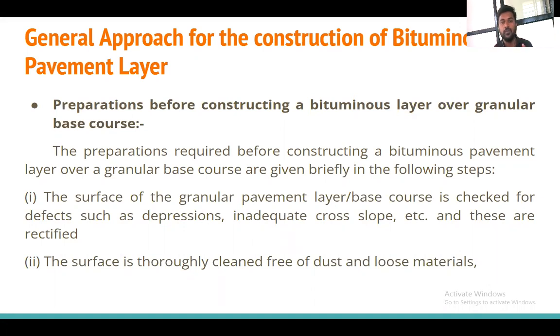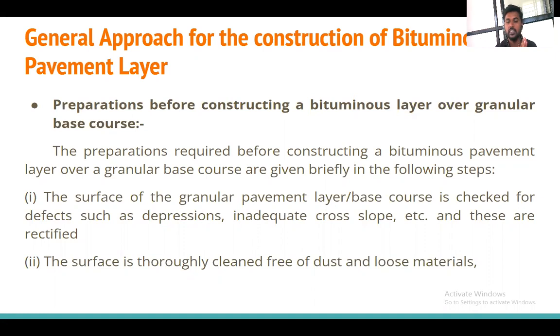Okay, first, before placing the bituminous surface course, what we have to see, we have to check the road or the base course or the sub-base course for whether there are depressions on the road. Okay, means what, whether the undulations of that road are there or not. Whether they have maintained the cross slopes. Okay, because we are now filling the final slopes of the bitumen. So we have to maintain the cross slope. We have to maintain all the design parameters on the road.